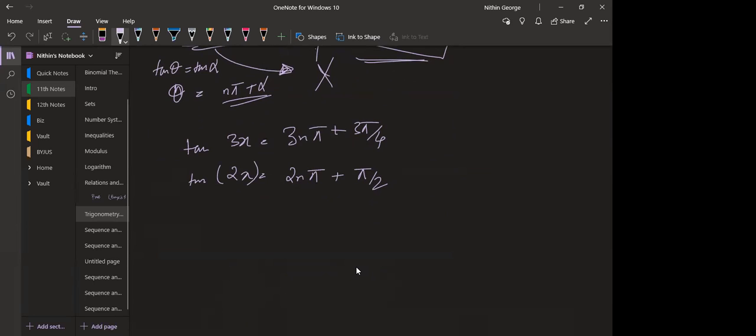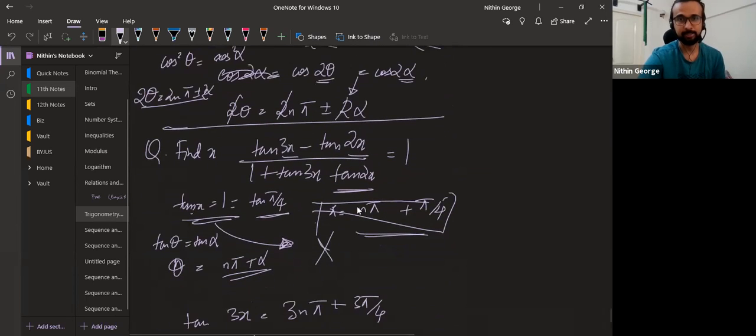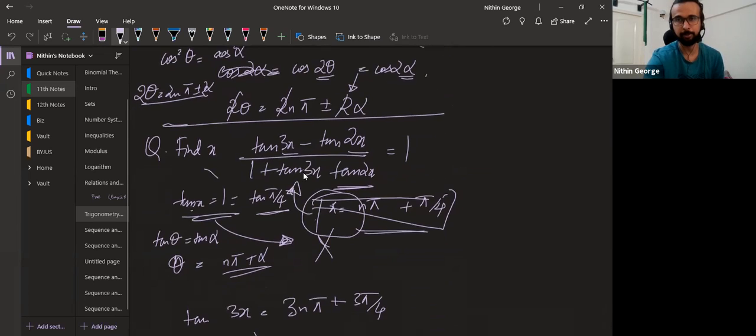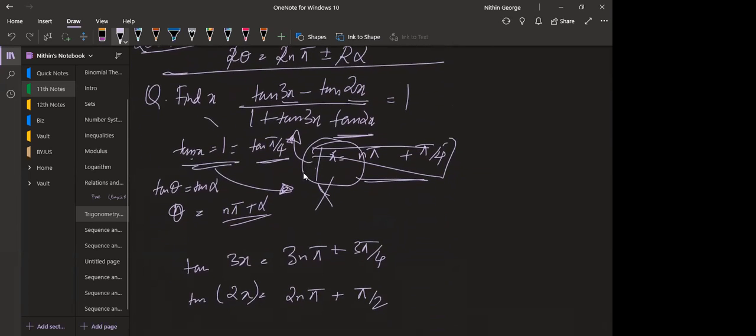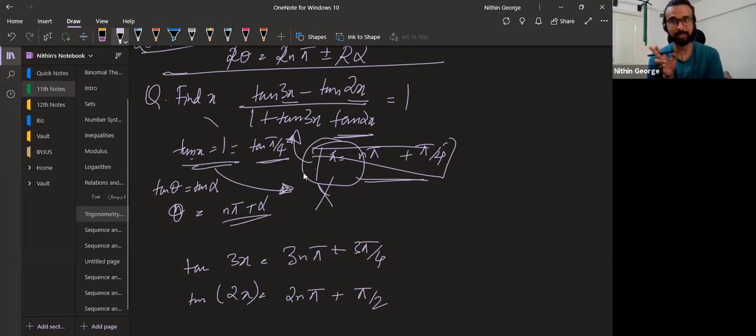Yes, sir. Okay, so can you put this value of x into this equation, n pi plus pi by 4? No, sir. For tan 3x, it's fine. For tan 2x, it's not defined. So that solution cannot be accepted for the first equation given. Did you understand, guys, why this is happening? Because tan 2x will not be defined, this solution is not feasible.